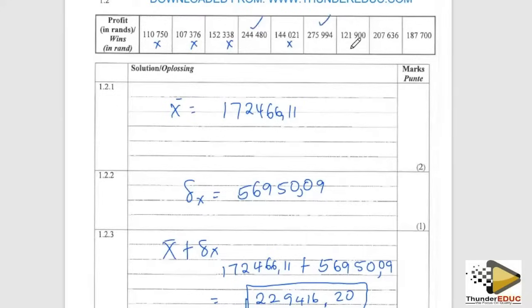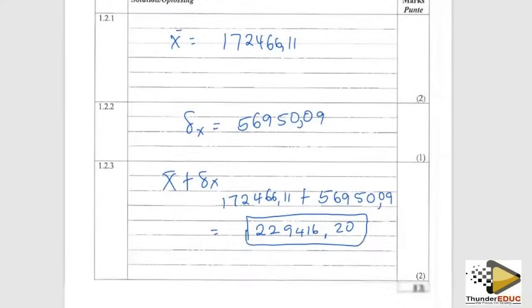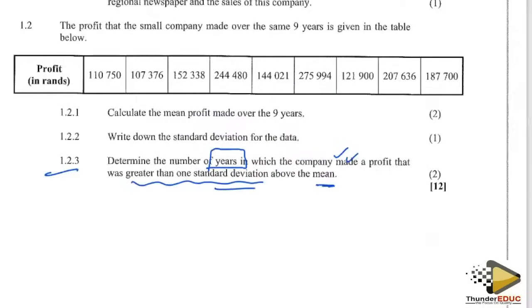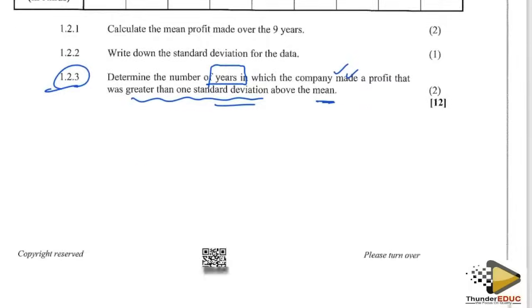No, yes. No, no, no. So which means we have just 2 years. The company made that much profit for 2 years. That is the answer from what was expected of us. That is 1.2.3. That's the whole question on 12 marks.